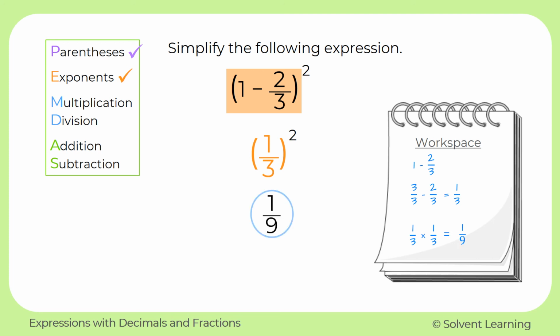So all of that simplifies to just 1/9. Okay, so remember, when you see these expressions that have a lot going on with them, they might have lots of steps, and it might look a little scary at first, just take your time, figure out what types of operations you have to do, and then use your order of operations to keep track of your steps.